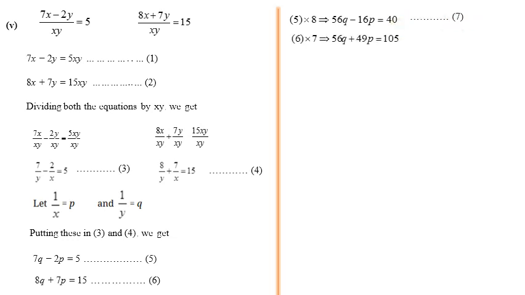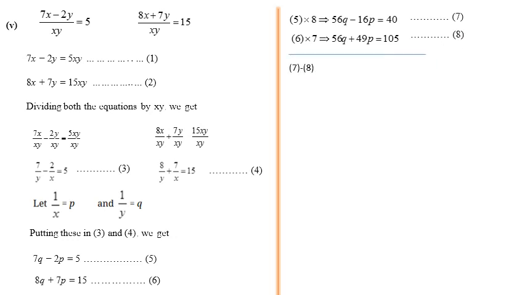Then the next equation I multiplied with 7, this coefficient of q I have taken and multiplied here, that is 7 into 8, that is 56, then 7 into 7, that is 49, and 7 into 15, that is 105. Equation number 8 we have labeled.